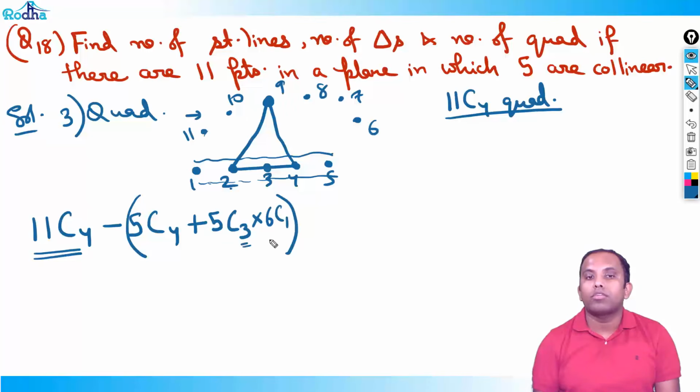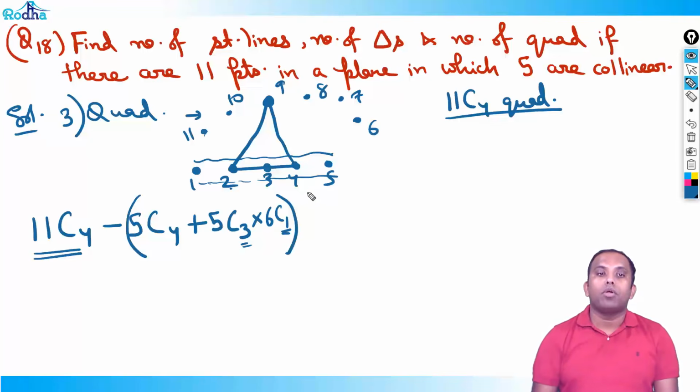So 3 plus 1 is 4 points out of 11 points. Any 3 points selected from these 5 and any 1 point from the rest 6 will give you a triangle, so this case also we need to subtract in case of quadrilateral.